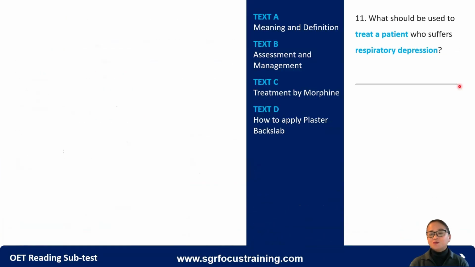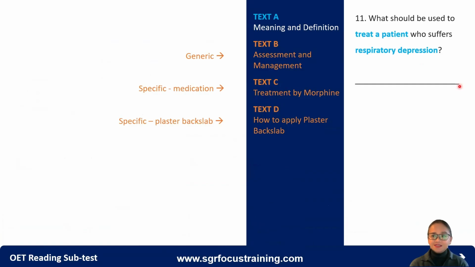For question number 11, we're being asked, what should we use to treat a patient who suffers from respiratory depression. So again, treatment information. Treatment information, unfortunately, can be found in three areas, okay? The generic treatment, which is in text B, a very specific treatment via medication in text C, and another treatment using plaster backslab.